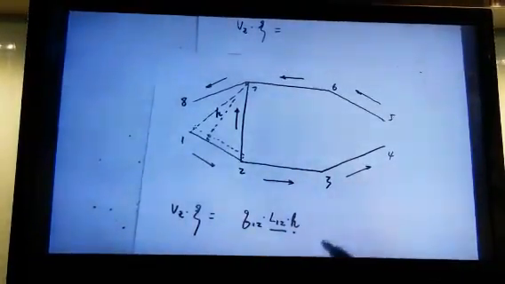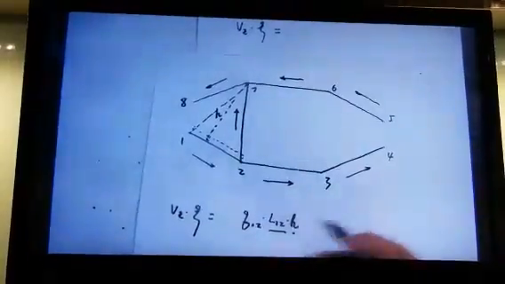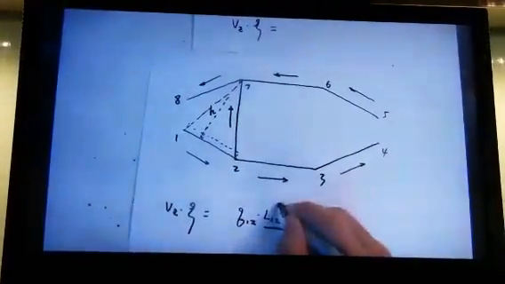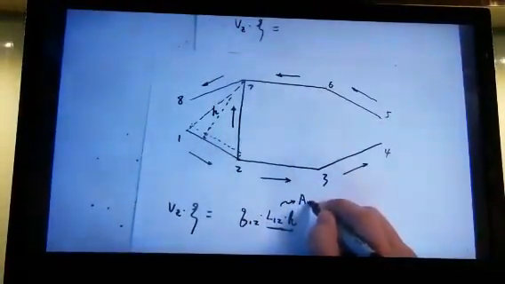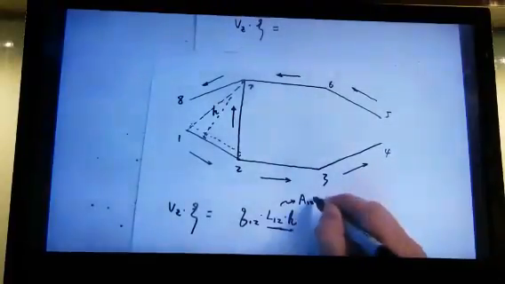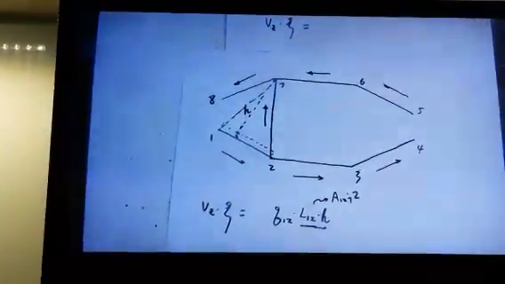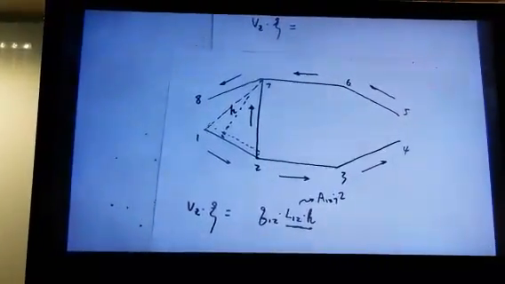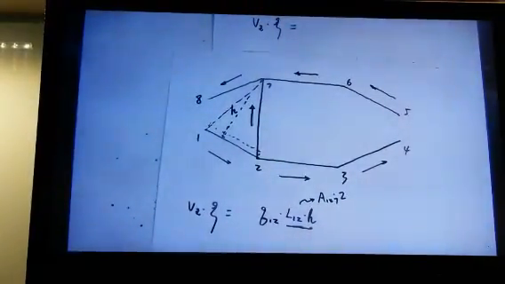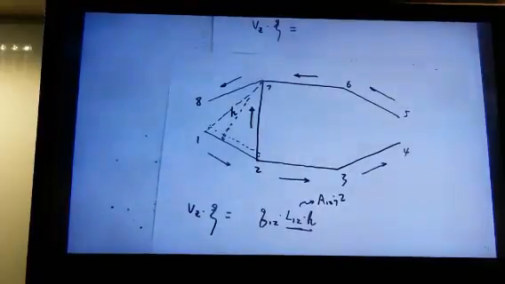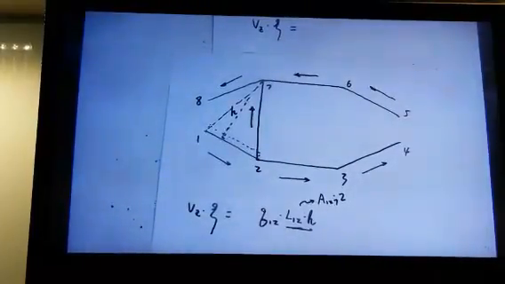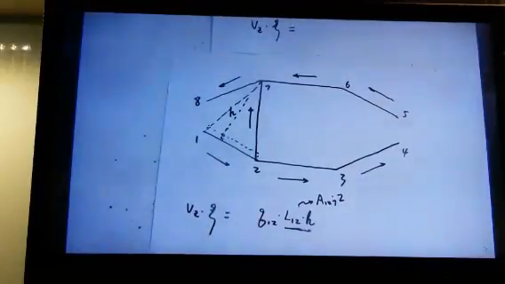This is twice the triangle area. So we can rewrite this as A1-7 times 2. A1-7 stands for this triangle area, okay, times 2. Because this area is 1/2 of the edge length times the height. Now you have this much.